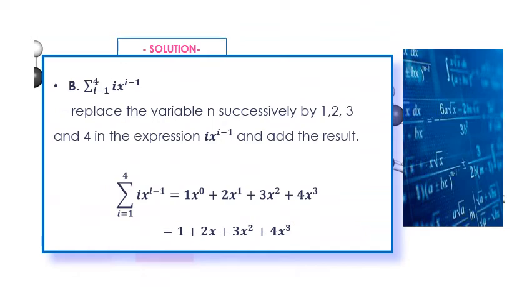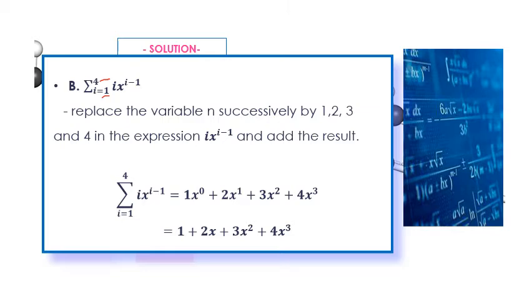Next, for letter B, we have the same process. Replace the variable i successively by 1, 2, 3, and 4, since it starts with 1 here and ends with 4. Then perform the operation and add the results.